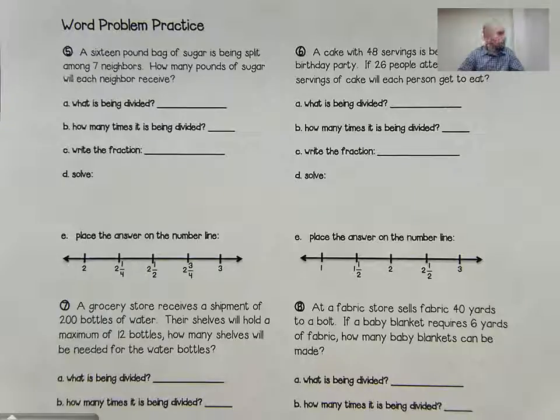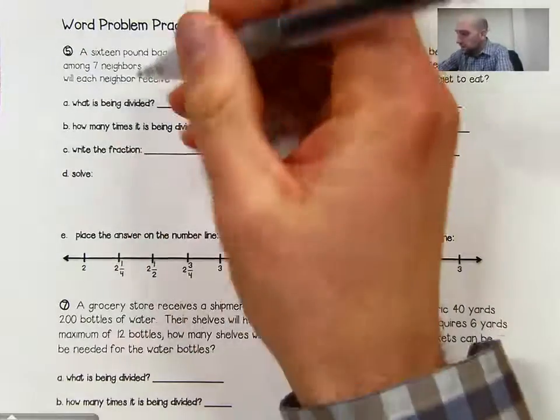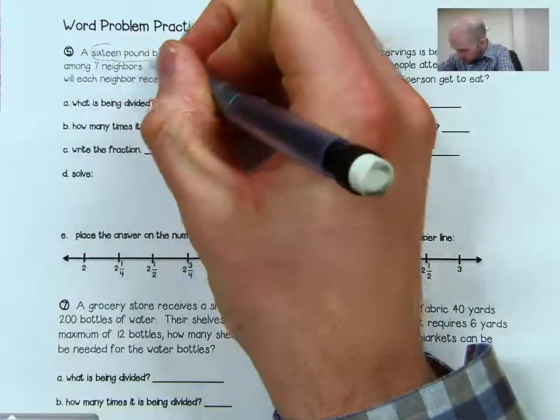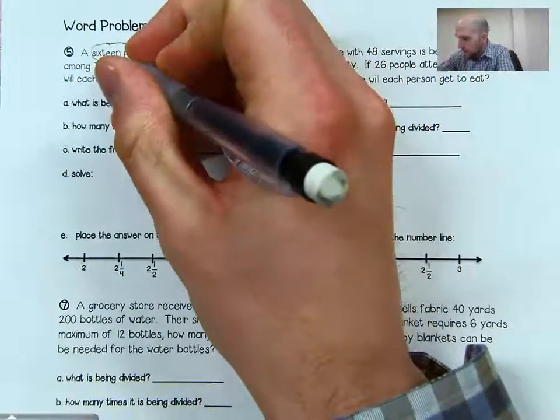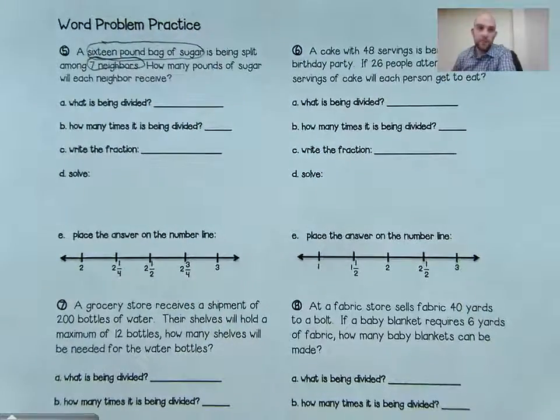So we need to figure out first what's being divided. That's what it asks us here in this letter A. So we have 16, let's look at our numbers here. We have a 16-pound bag of sugar, and we have 7 neighbors. So it's either going to be the 16-pound bag of sugar is being split up or divided, or the 7 neighbors are being split up or divided.